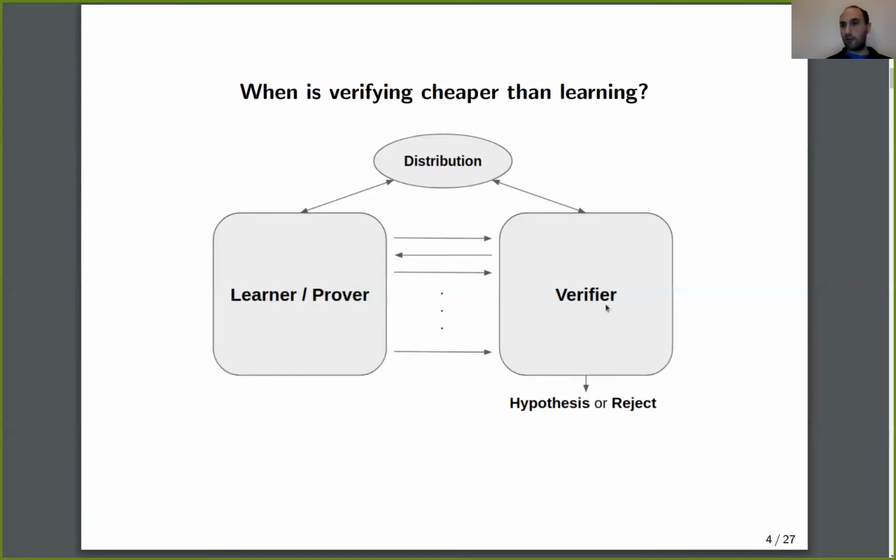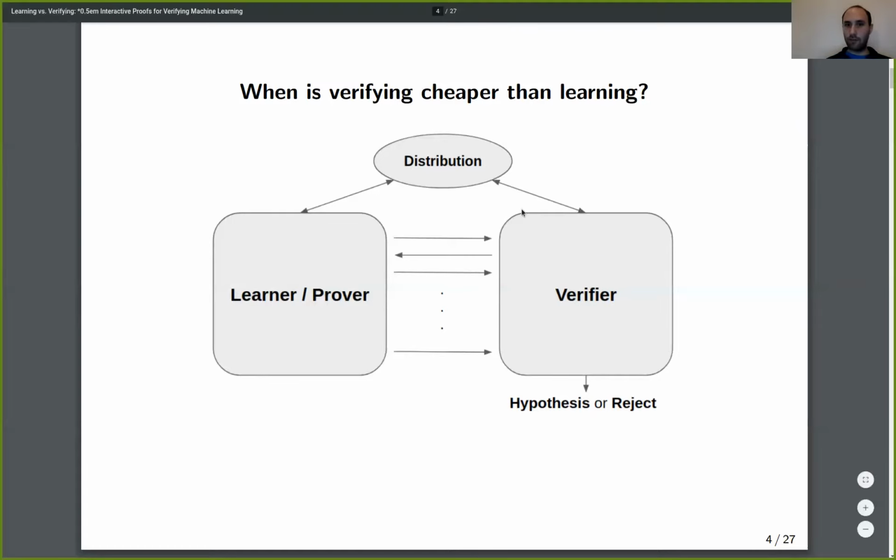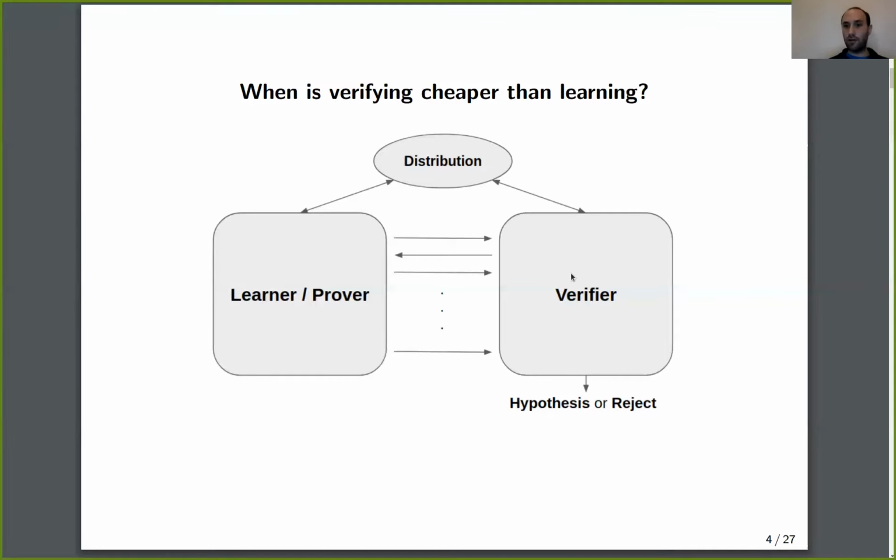Then the verifier takes additional samples of its own from the distribution and uses them to decide whether this hypothesis is good or not. After it does that, it either outputs the hypothesis if it thinks it's good, or it rejects. So that's generally the type of interactive proof we're considering in this paper.